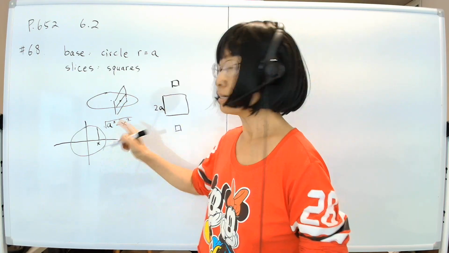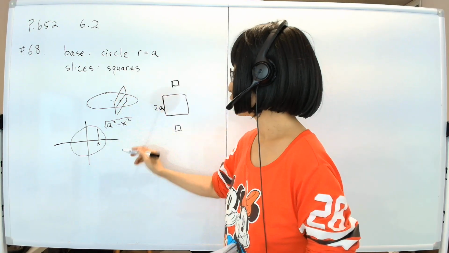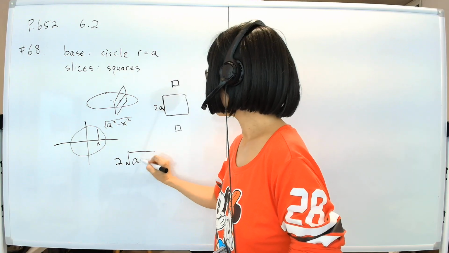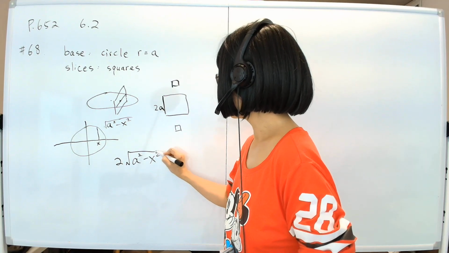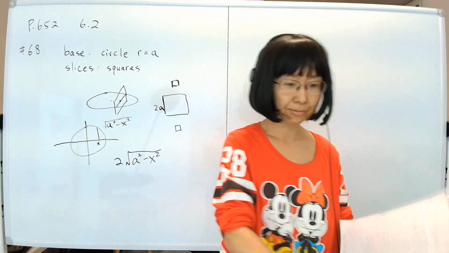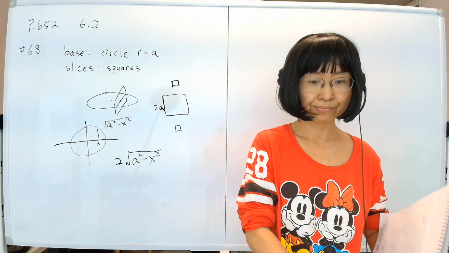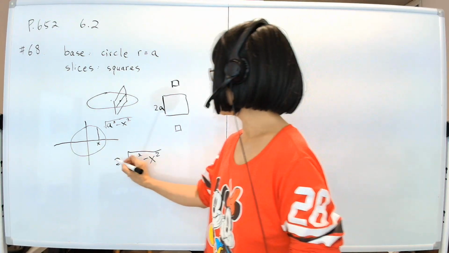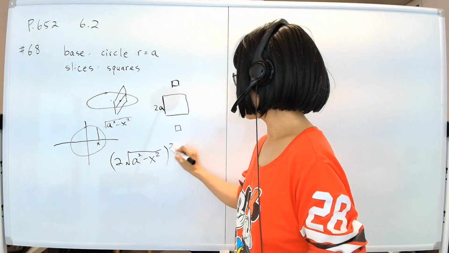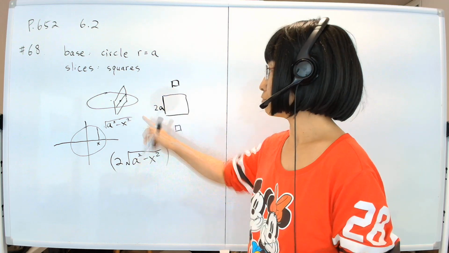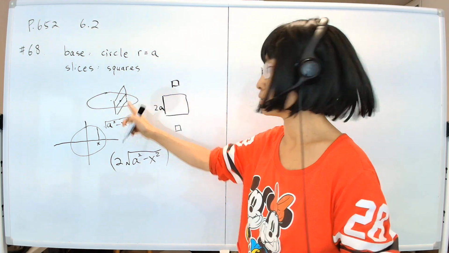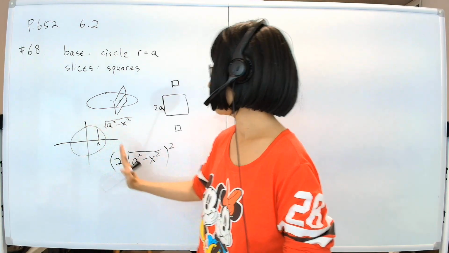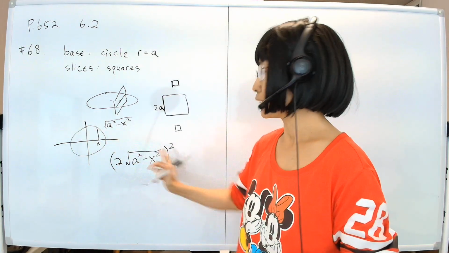So the entire length of the square is equal to 2 times the square root of a squared minus x squared. But we need the area of the square, and the area, of course, is this thing squared. That's the area of one of these squares, and it depends on x. As x goes this way, it gets bigger, or goes this way, it gets smaller.